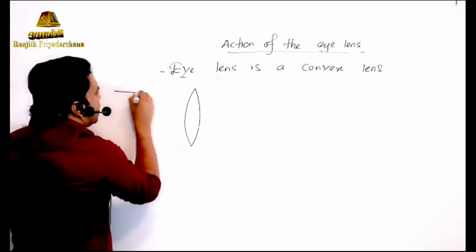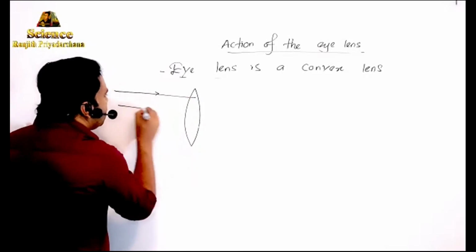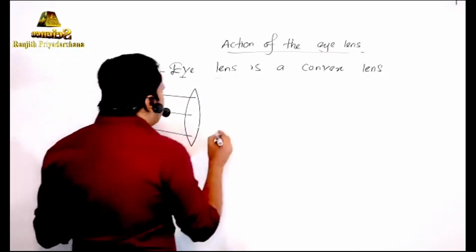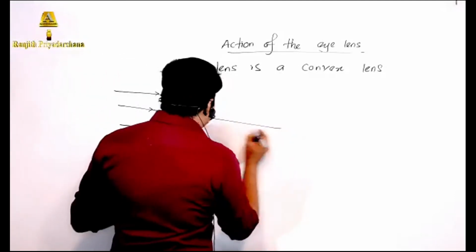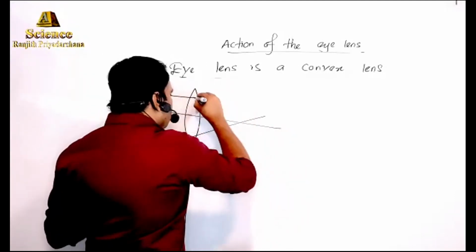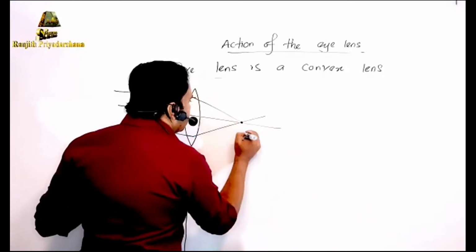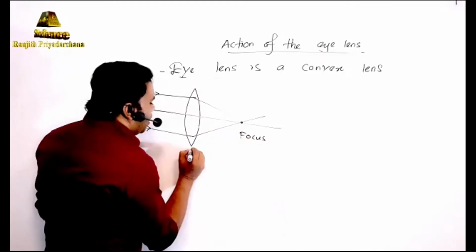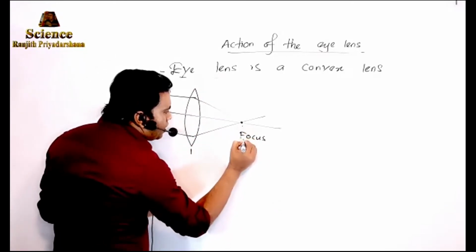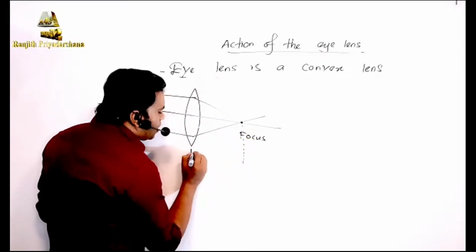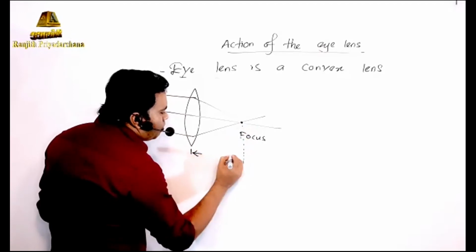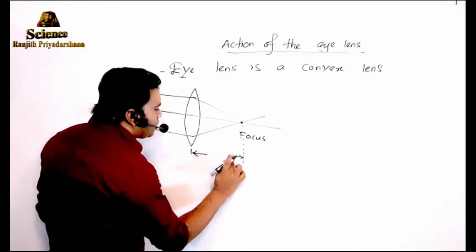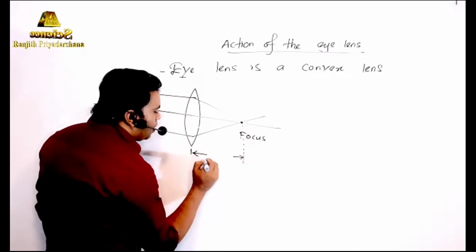Convex lens can converge a parallel beam of light into a single point. So that point is called what? Focus. And the distance between this focus and the plane of the lens, we call this focal length.